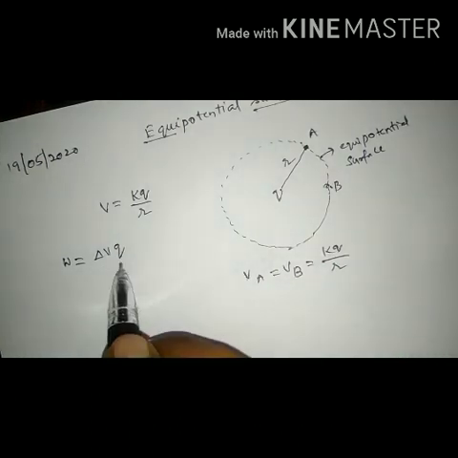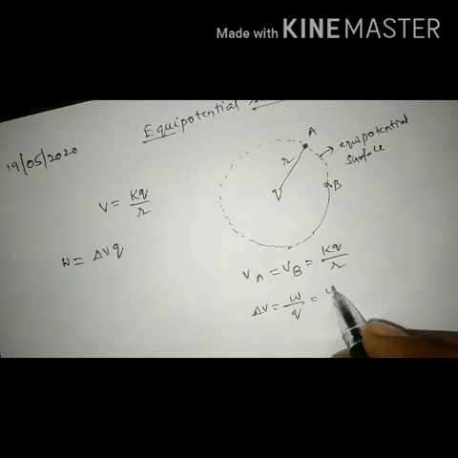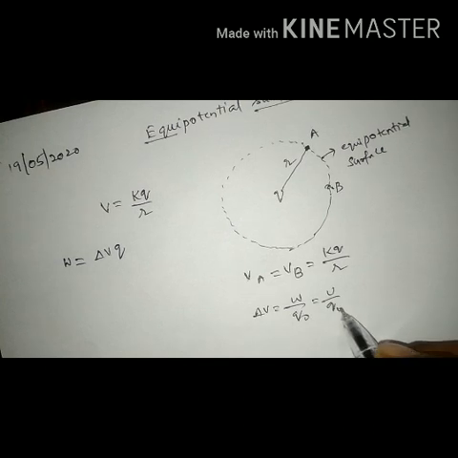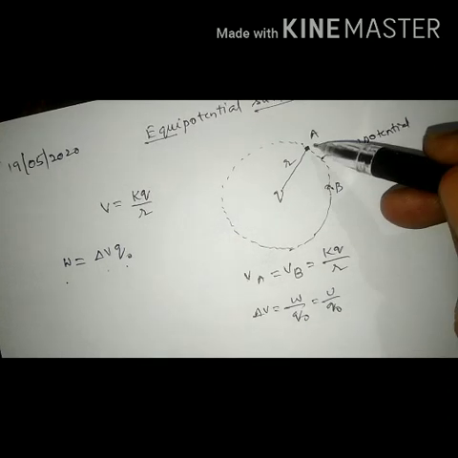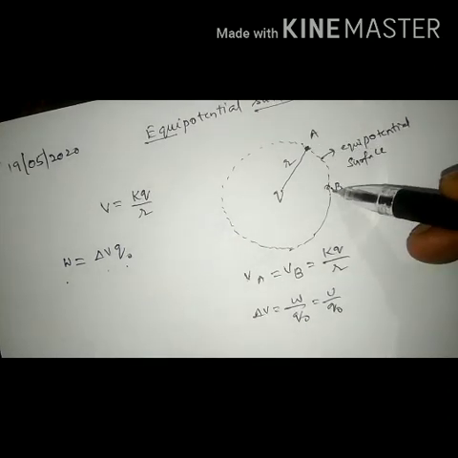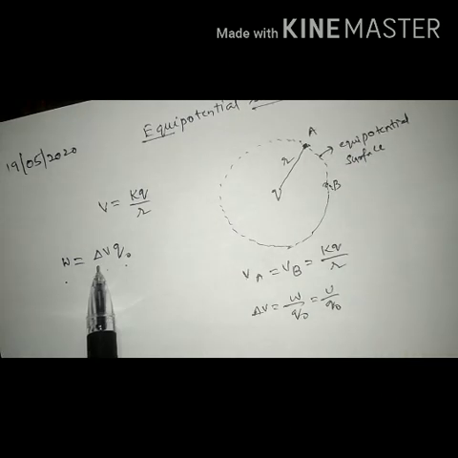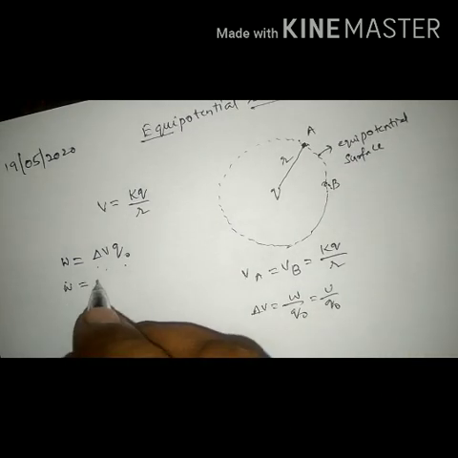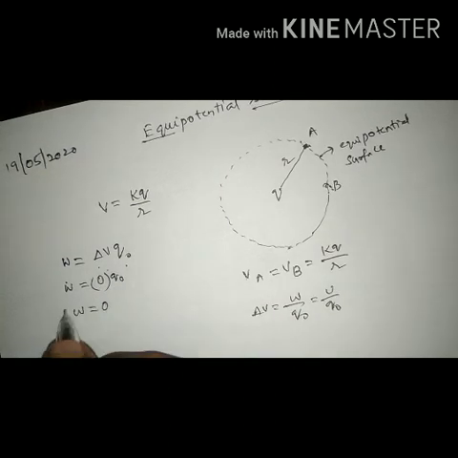You get this from delta V, which is work done per unit charge, or change in potential energy of the system per unit charge. All these definitions are the same. So W is equal to delta V into Q0. Moving this charge from A to B, the potential difference is 0, so the work done is 0 into Q0, which is 0.